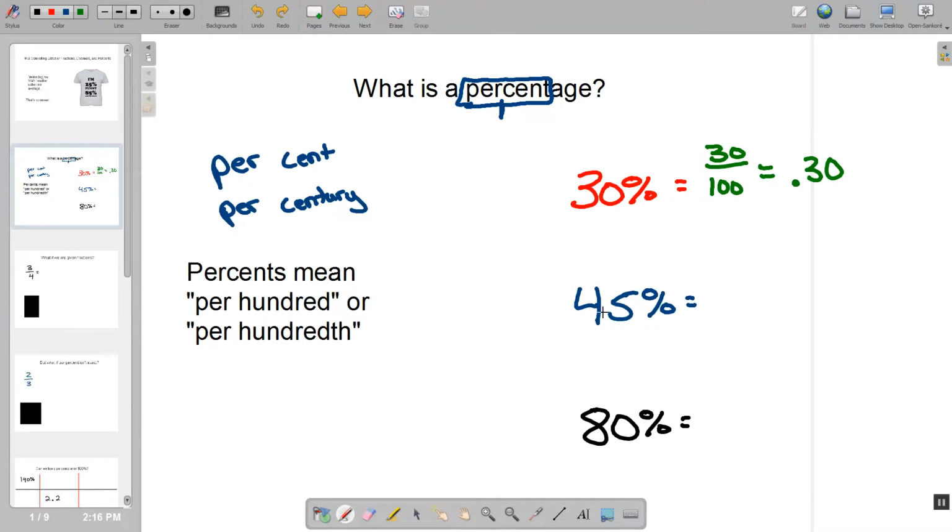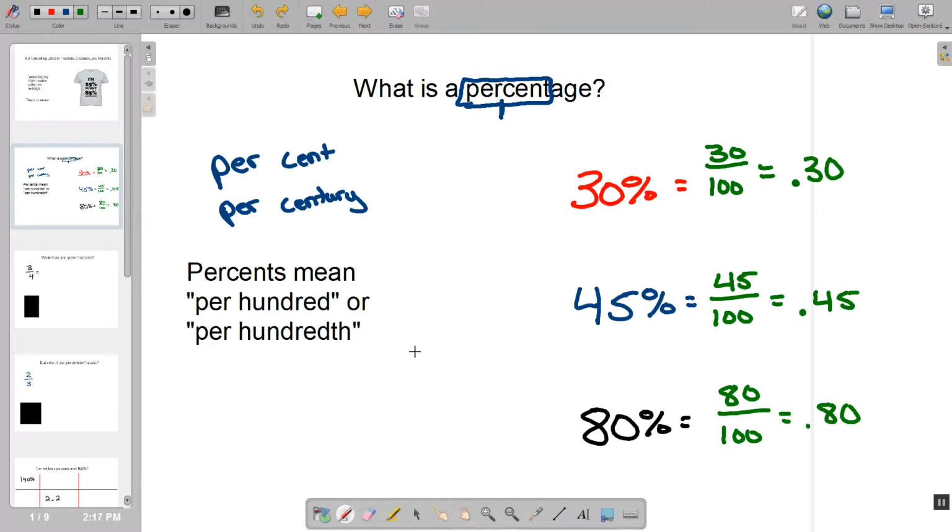Likewise, if we have 45% down here, that means 45 hundredths, or the decimal, 45 hundredths. And finally, 80% means 80 hundredths, or the decimal, 80 hundredths. So our goal for this lesson is to be able to convert between fractions, decimals, and percentages.